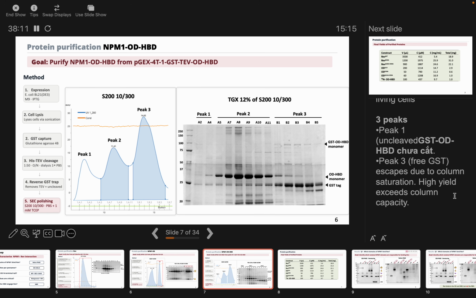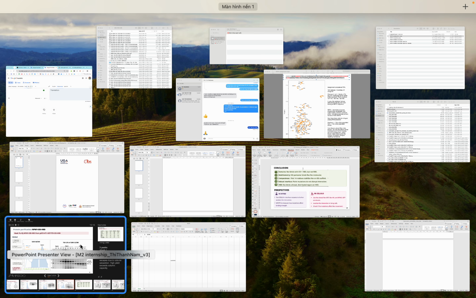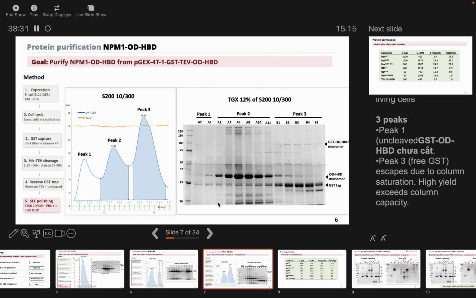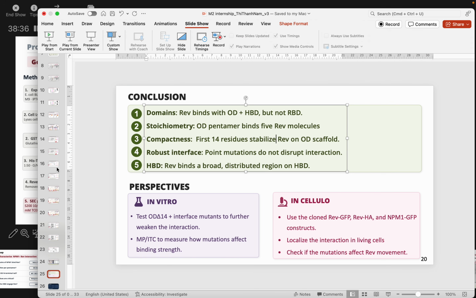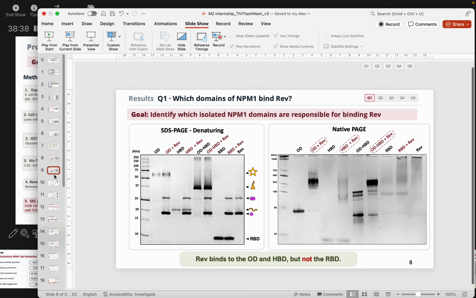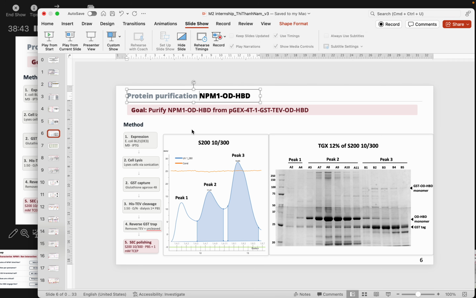You have to add it, because you purified NPM1 OD HBD, so it should be N15 NPM1 OD HBD. In the list of the proteins you didn't present the OD HBD alone, so you have only the N15. So it should be mentioned in protein purification, N15. It's the labeled form of the fusion protein.